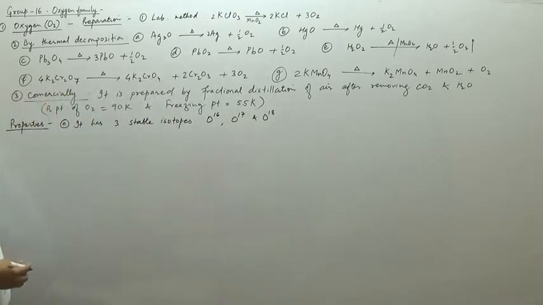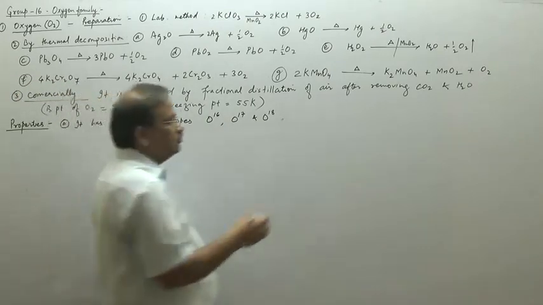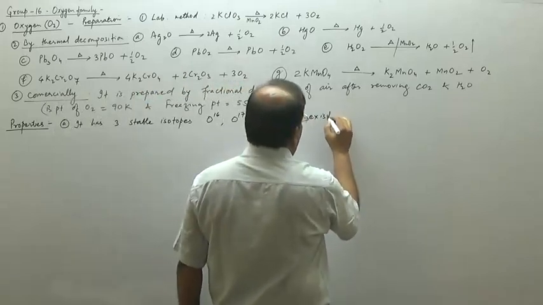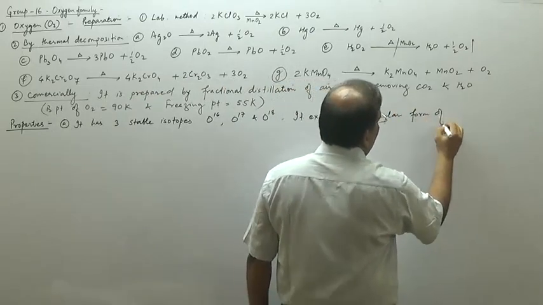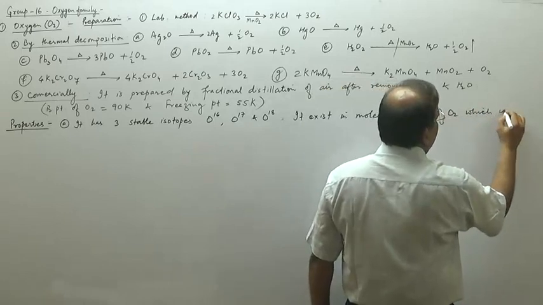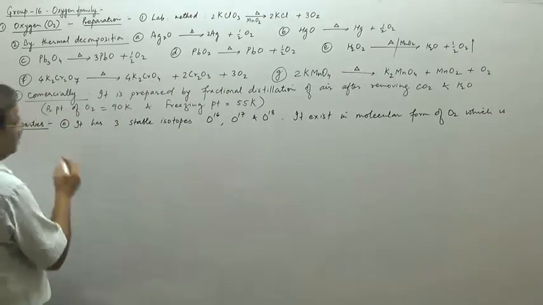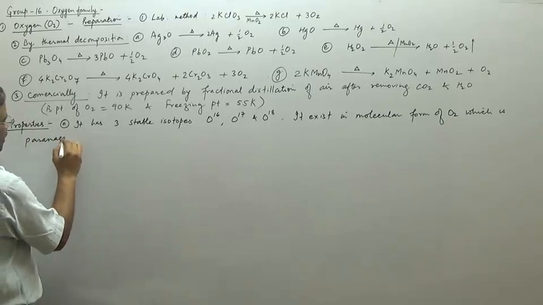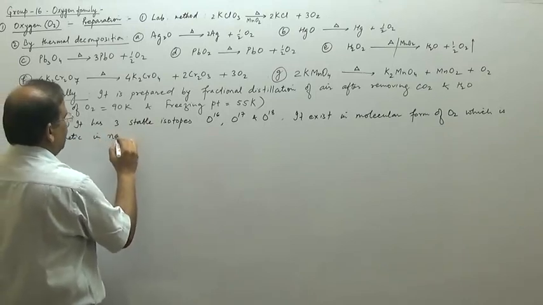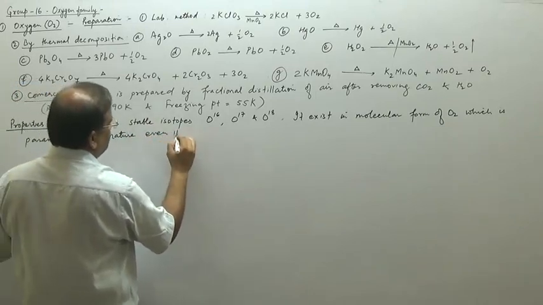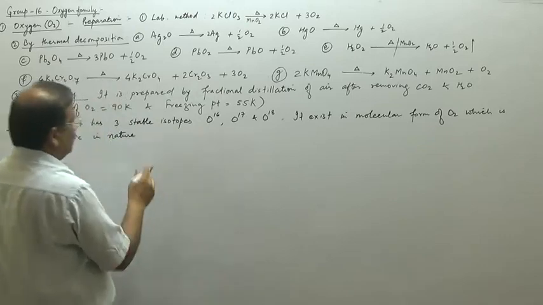The molecular form: O2 exists as a molecule O2, which is paramagnetic in nature, even though it has an even number of electrons, 16 electrons.